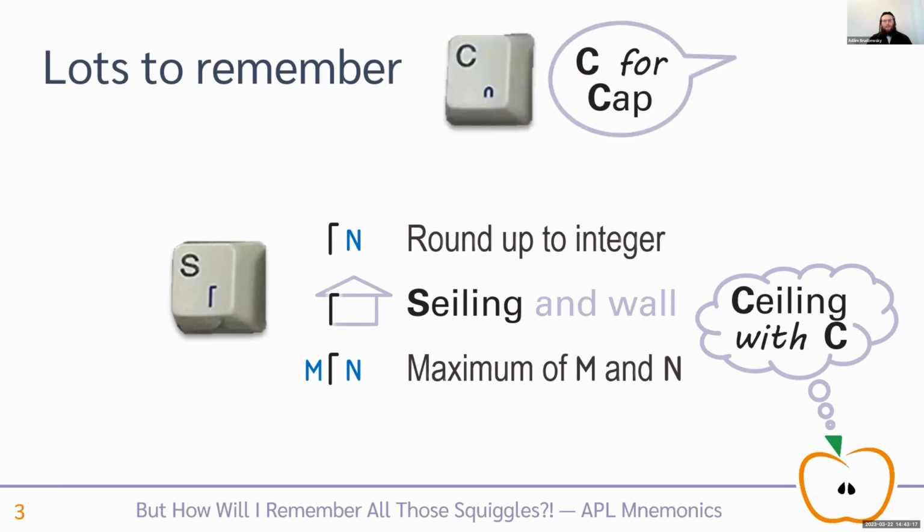That's because C is for cap. You know, this kind of cap, this kind of cap. And this symbol, just like in regular mathematics, is for sets. It means intersection. We obviously can't spell cap with an S, but we can spell ceiling with an S, and then it'll work.